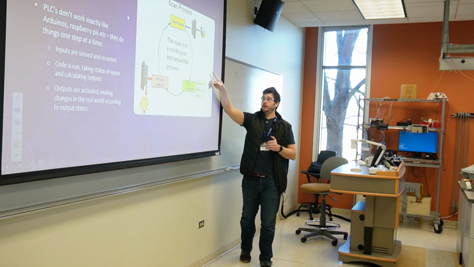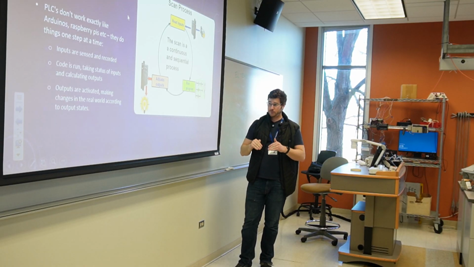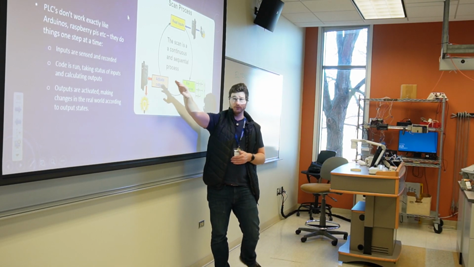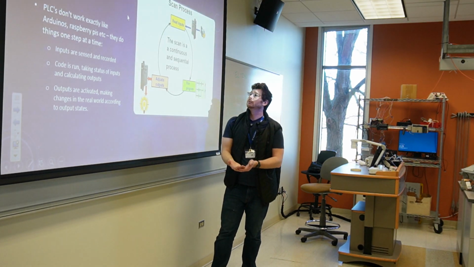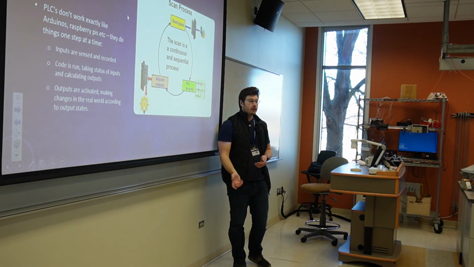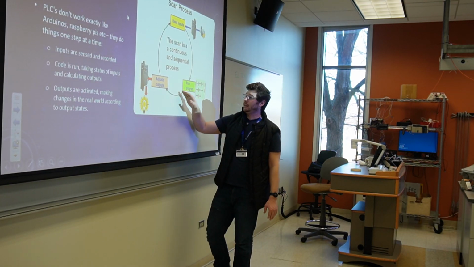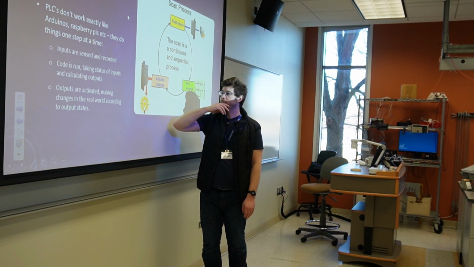Our inputs are here. My program is evaluating all the way down the line. And then we get what should our outputs be, right? We run the calculation, what should things be? And then we actually write them to reality. We trigger our relays, right? Switches get thrown, things like that. That has a discrete stage that happens after our calculation stage.